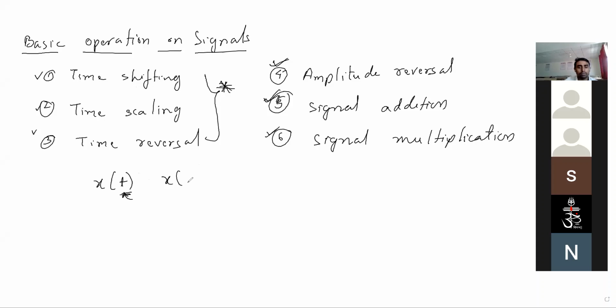Means somebody says t minus 10, or some signal may be 2t, like that. All the modification we perform is in this independent variable. So these three are very important, and that's why they are named time shifting, time scaling, and time reversal. All of them have 'time' in front of their operation name.